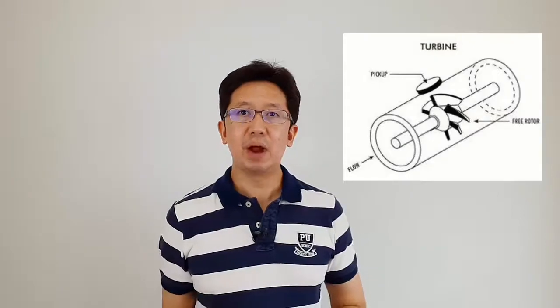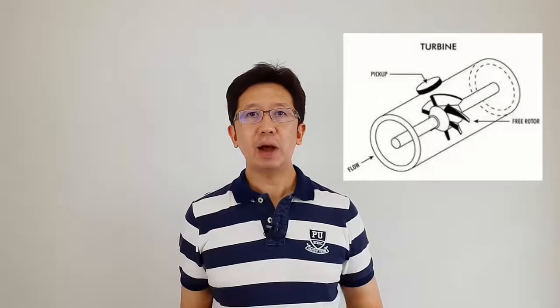Next type is turbine. The methodology of the turbine is using the speed of rotation of the turbine blade driven by fluid. It will provide a digital output linear with the flow rate. Turbine meters are available for liquid, gas, and very low flow rates.